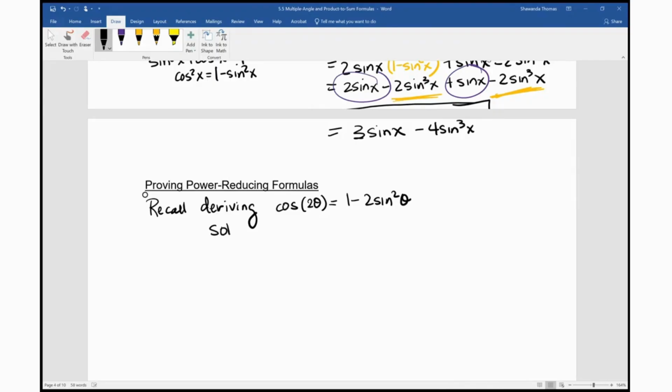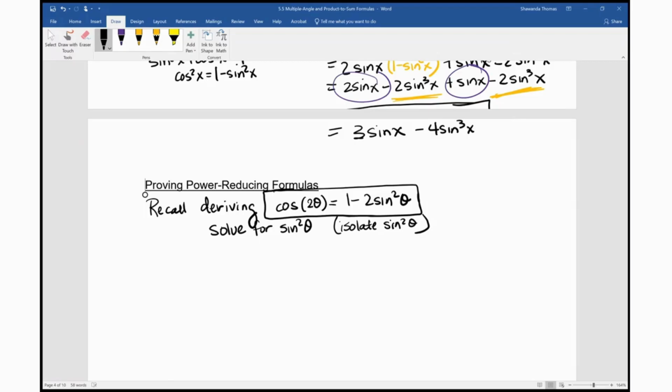If we wanted to solve for sine squared theta for this formula, we already went over this and proved it. How can we get sine squared theta by itself on one side? How would you get it by itself on one side? Isolate sine squared theta.